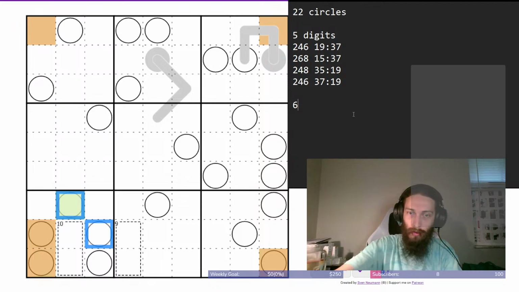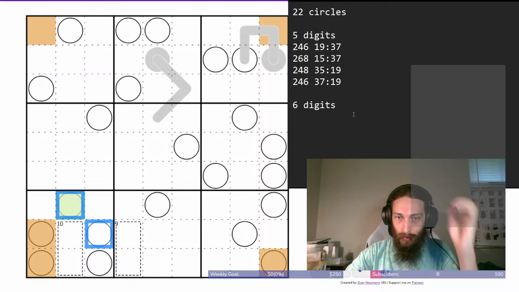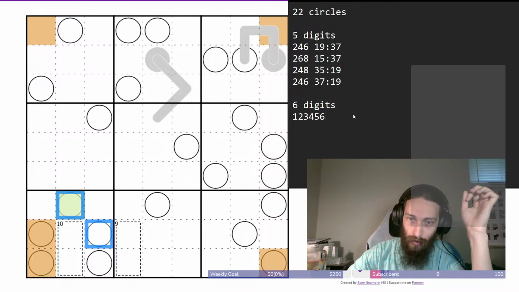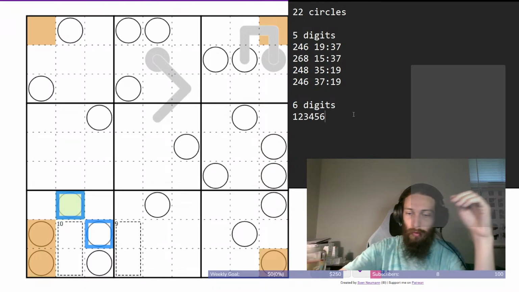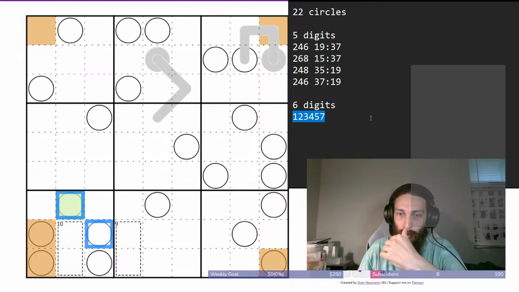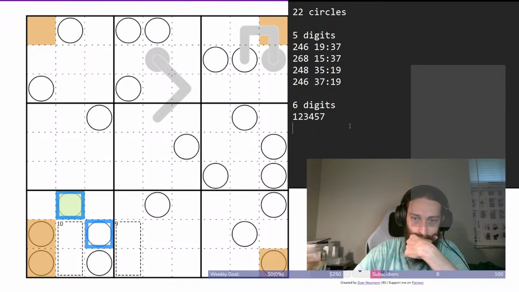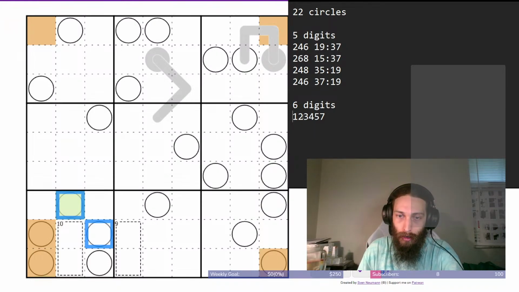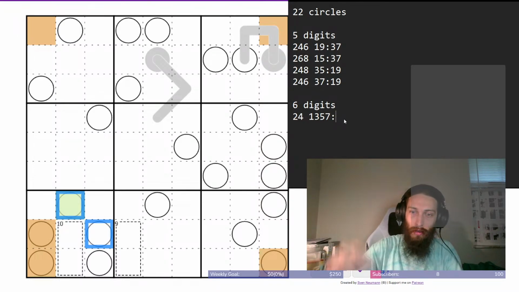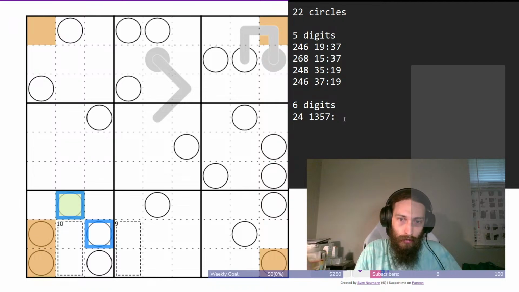So now what about 6 digits? Well, the only way to do 6 digits is 1, 2, 3, 4, 5, 6, which is 21. So we turn that 6 into a 7 to get 22. And that's the only way to do it with 6 digits. And separating out our odds and our evens again, we have 2 and 4. And what is the possibility for the 10?